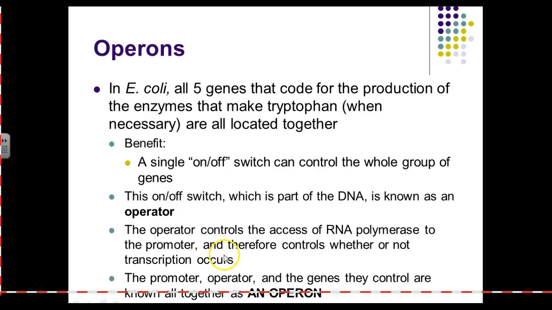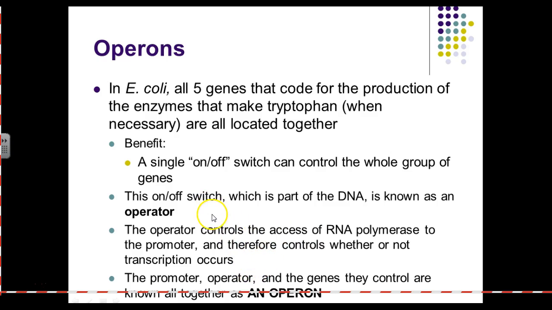Well, it controls access of the enzyme RNA polymerase, which is our enzyme that builds messenger RNA during transcription. It controls the access of that particular enzyme to the promoter region. Remember, during initiation, that RNA polymerase that looks like a guitar pick attaches to the promoter region to initiate or start protein synthesis.